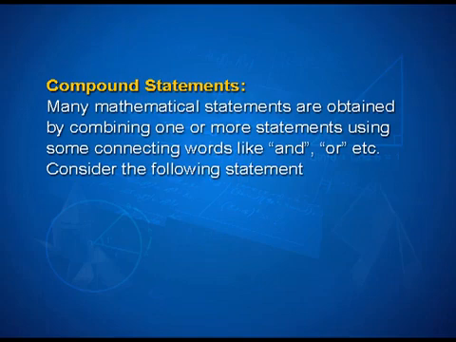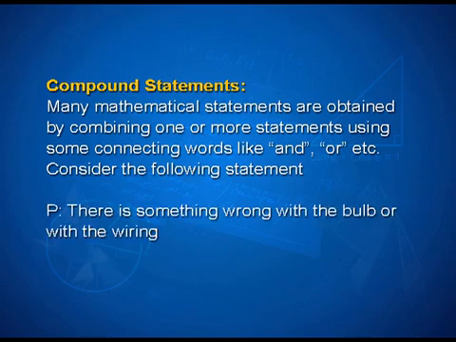Many mathematical statements are obtained by combining one or more statements using connecting words like and, or, etc. Consider the following statement P: there is something wrong with the bulb or with the wiring.